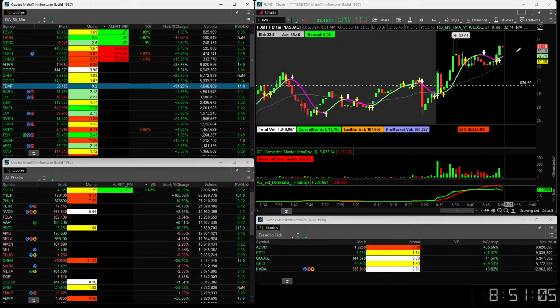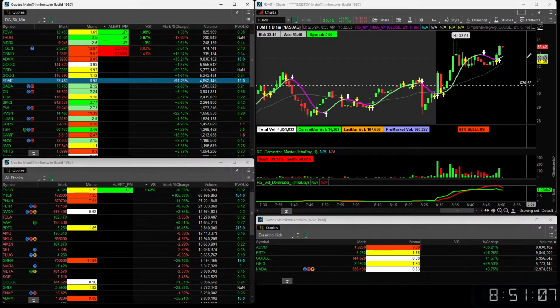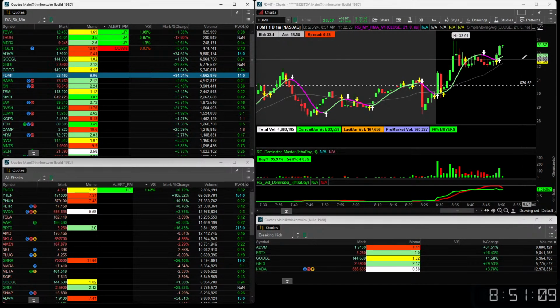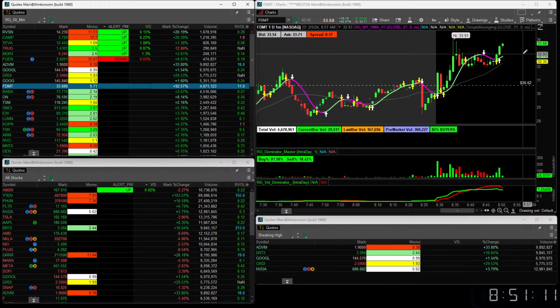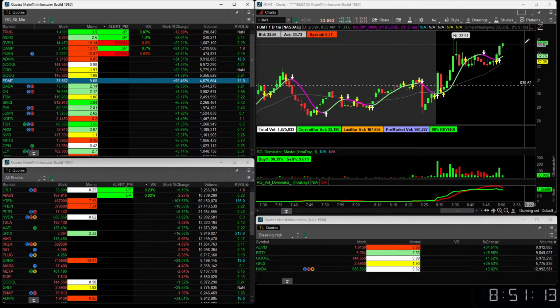FDMT showing a little strength here. Probably going to break out, I believe.